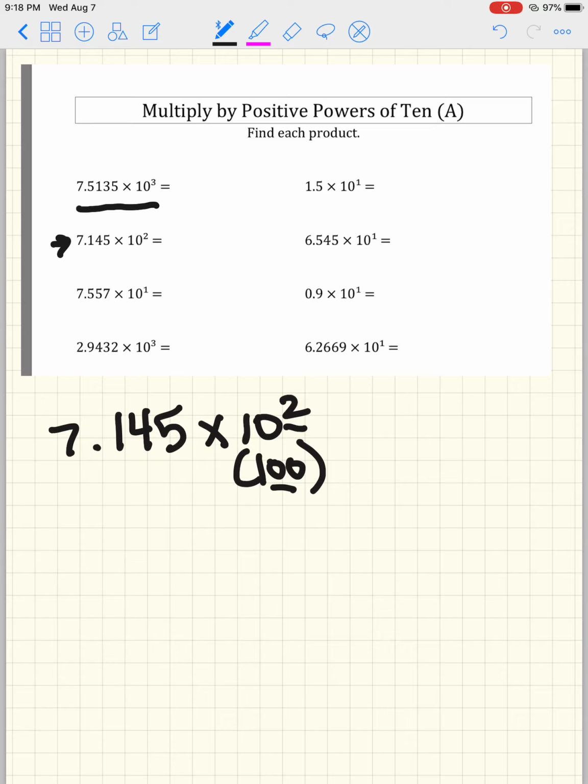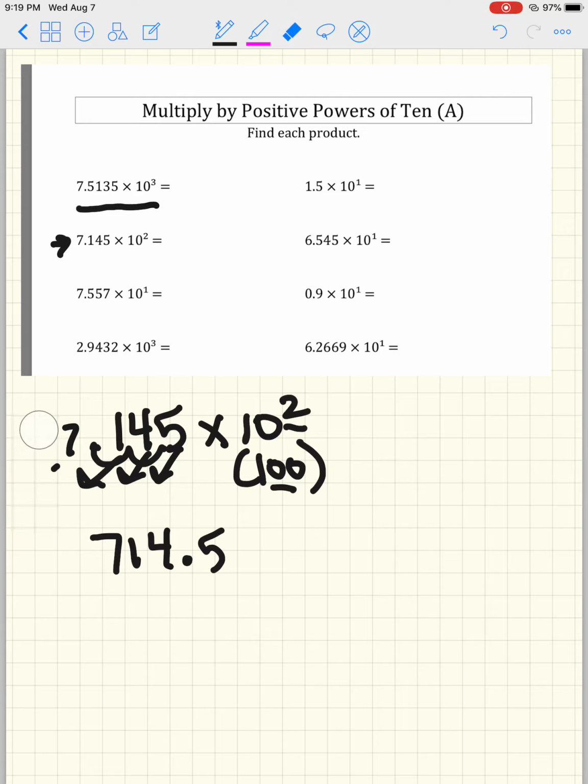Our place values are moving 2 places to the left, but the special trick is we can move our decimal 2 places to the right. 1, 2. And if you are still struggling with this concept, we will keep practicing on how we can explain what's happening to our place values. Because remember, our decimal's not actually moving, but we can show that in a shortcut way. So our answer is 714 and 5/10.